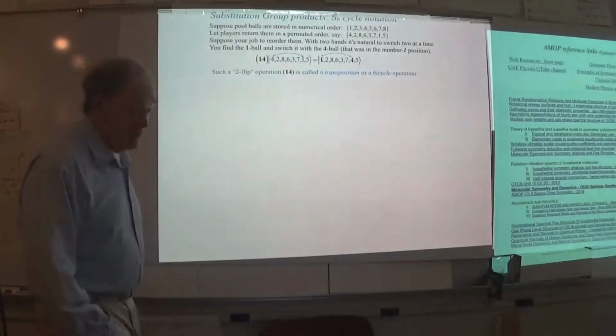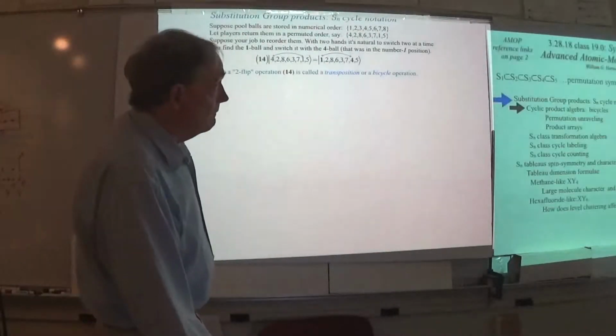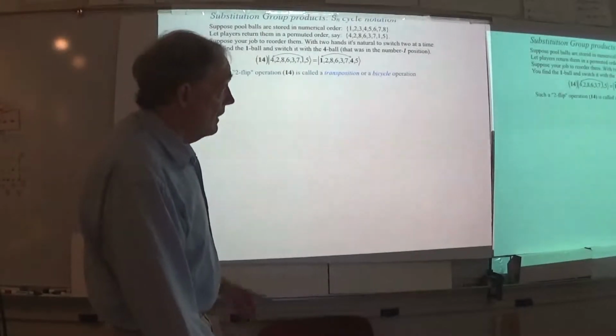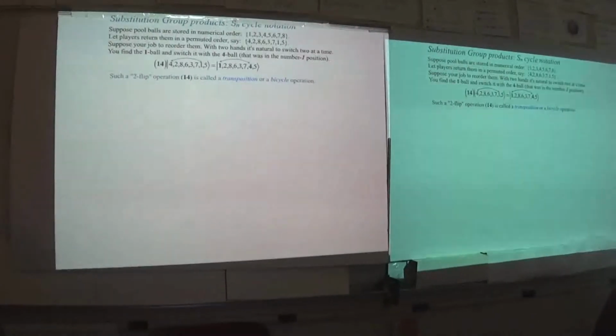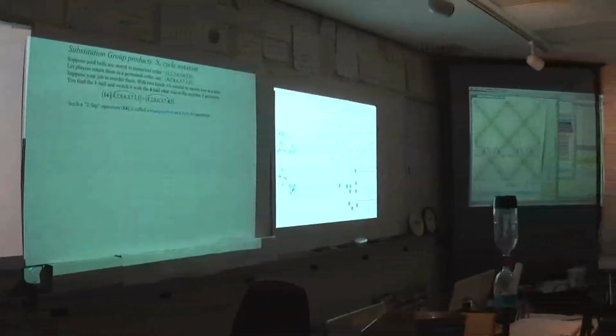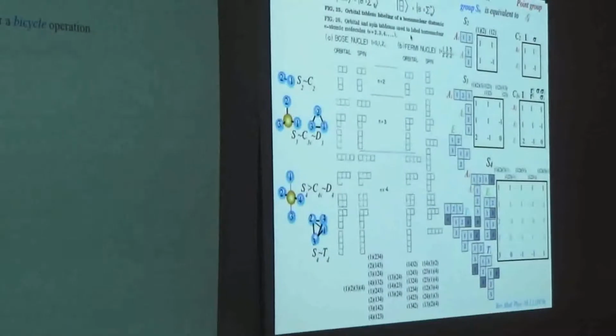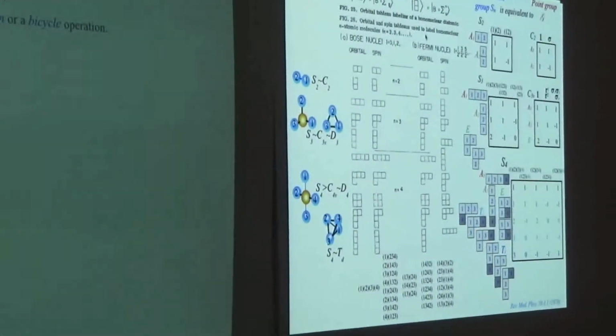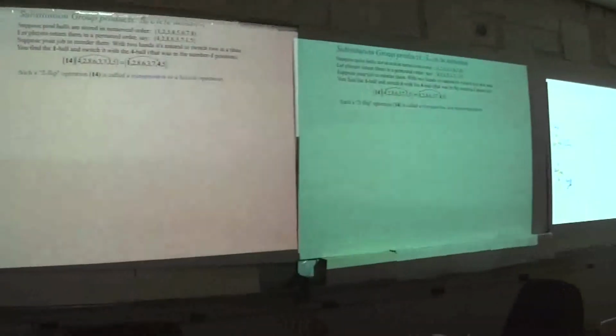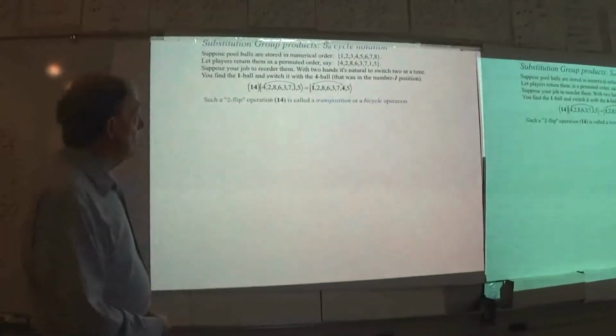So let's get started. The idea here will be it will be helpful to have both of these screens operating, including the third one, which is showing the connection between the permutation stuff that we're doing and the groups and characters that you already know. We spend a lot of time using.